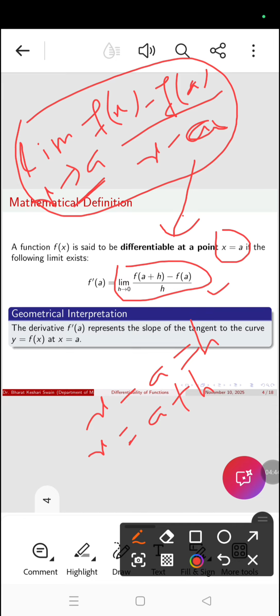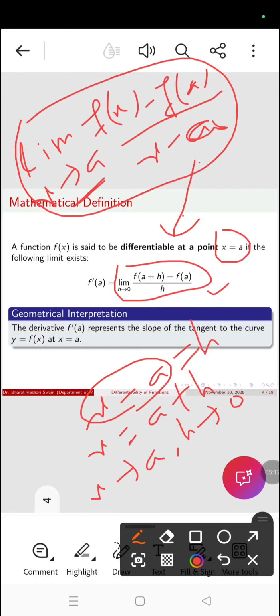Now as x tends to a, your h, that means x minus a, will tend to 0.